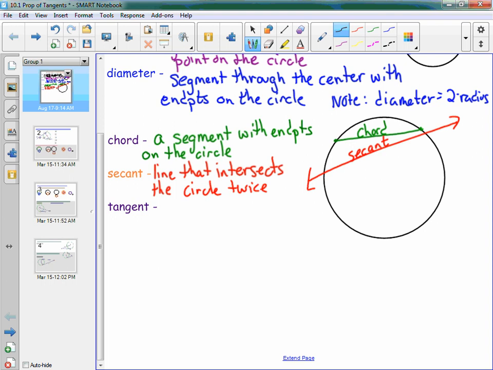And since it intersects the circle twice, it has to go through and beyond since it is a line as well.